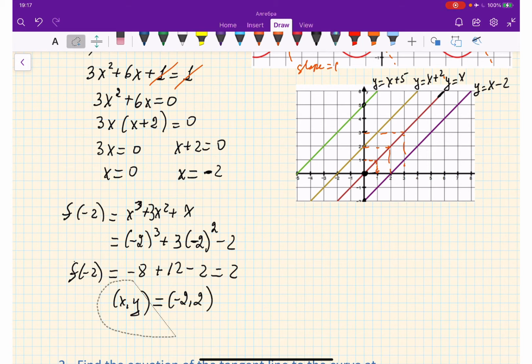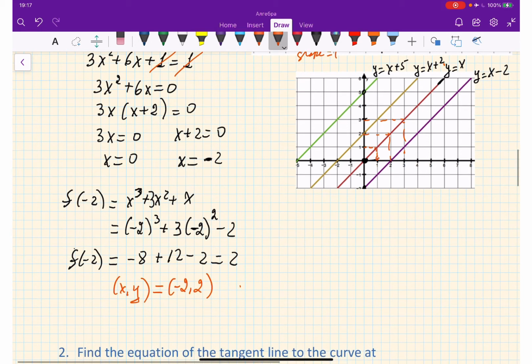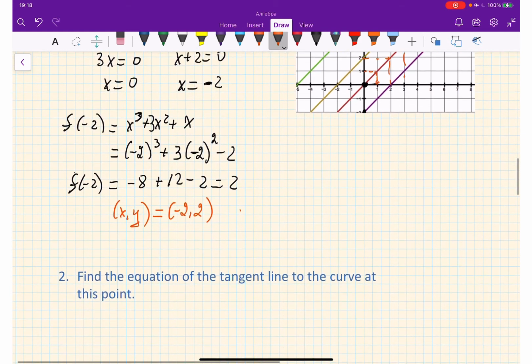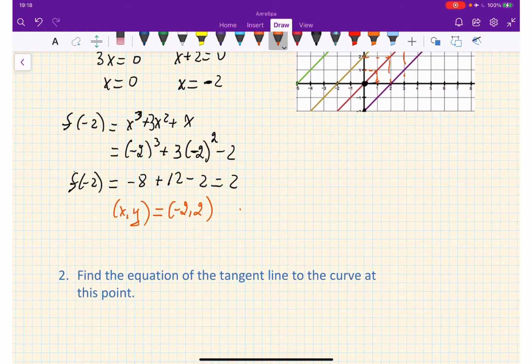Let me change the color. Okay, so the nearest point is this one. It's going to be safe to turn from this point, from this coordinate. Next one, as you can see, everything includes math.